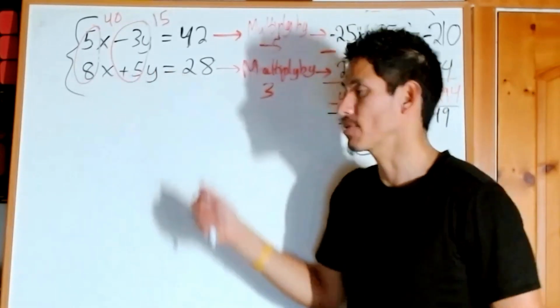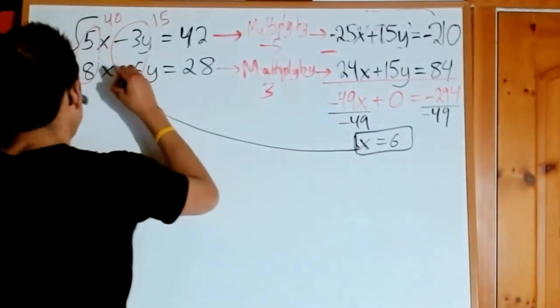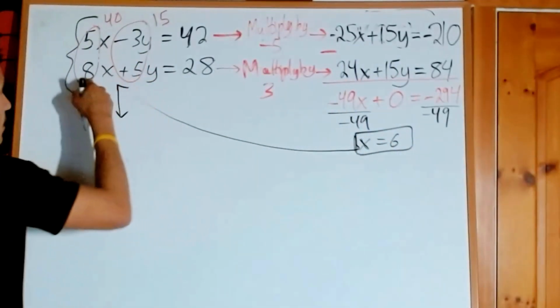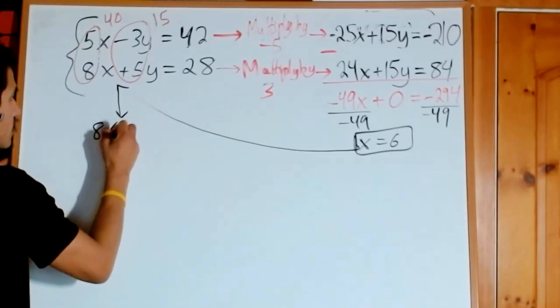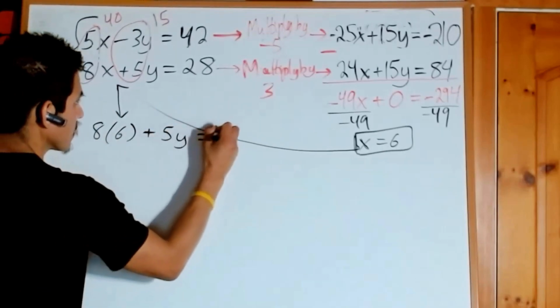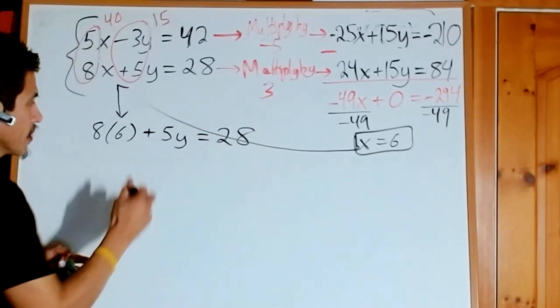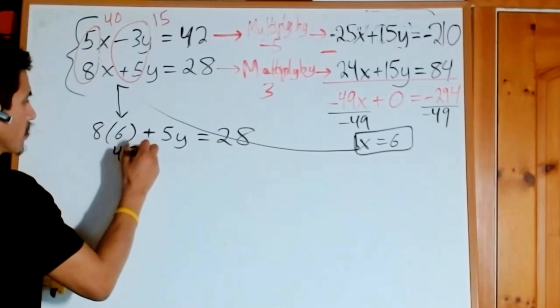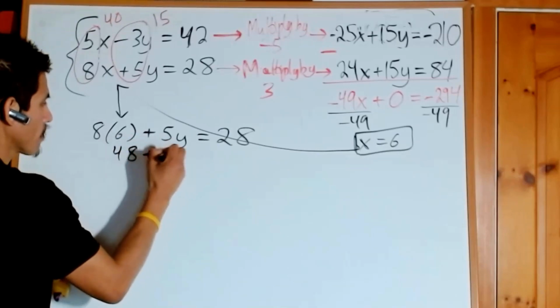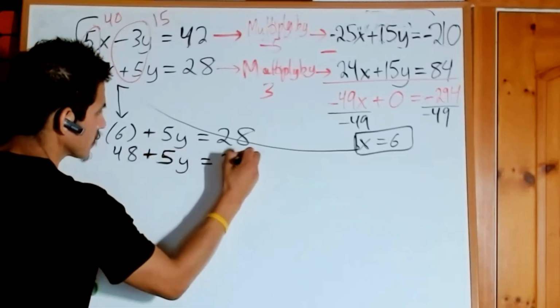8 times 6 plus 5y equals 28. And then we get 48 plus 5y equals 28.